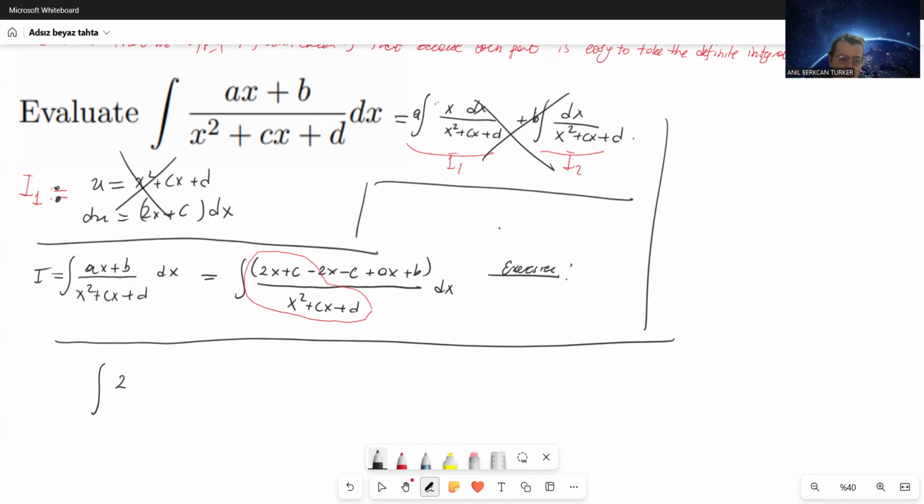For example, 2x plus 1 over... let me correct it. x plus 1 over x squared plus 2x plus 4. Is it reducible? The discriminant is 2 squared minus 4 times 4, which is less than zero, minus 12.